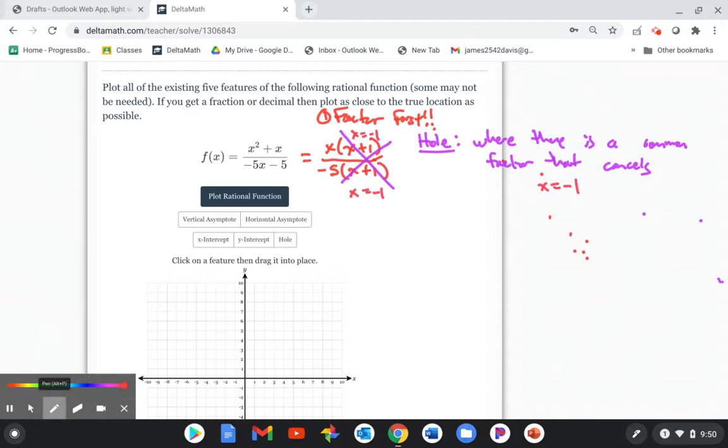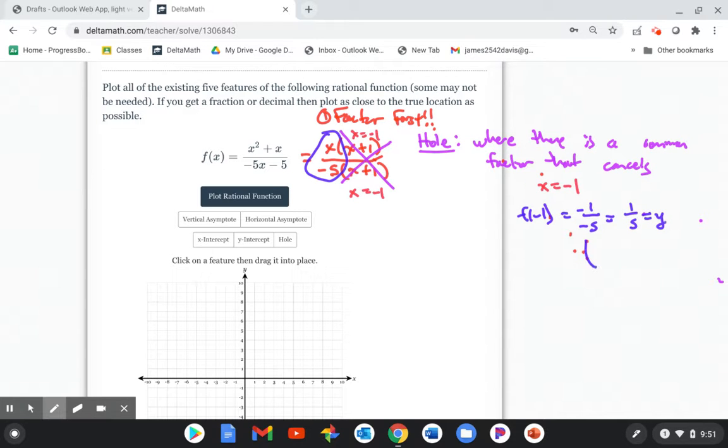In order to get the y-coordinate, you're going to plug this into the function, but you're going to plug it into this canceled form here, what's left over. So the hole will be f of -1. We plug it into what's left of our function. That's just going to be -1 over -5, which turns into just +1/5. So that's the y-coordinate. So we have our hole at -1, 1/5.